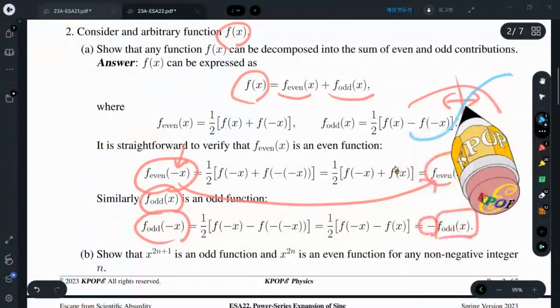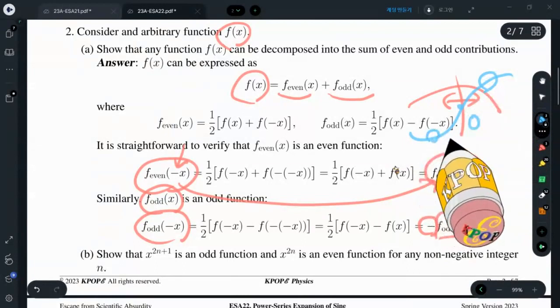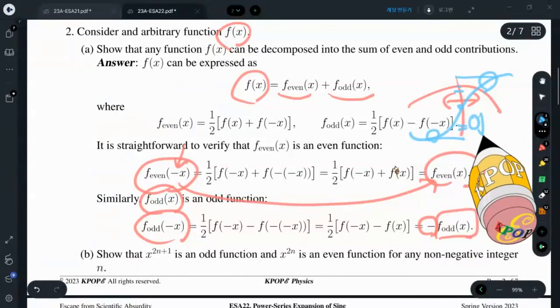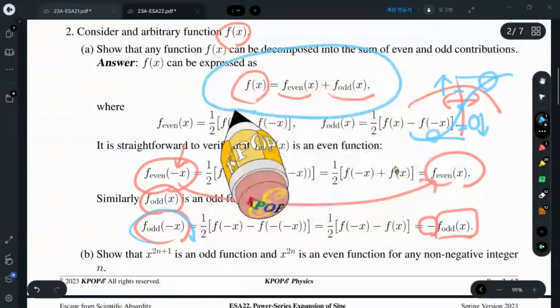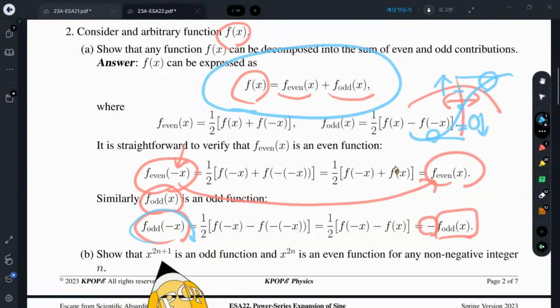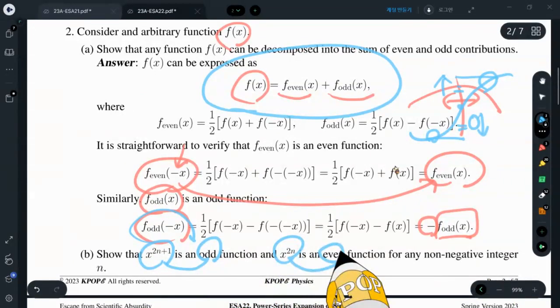So we know there is the origin, just like sine. The magnitude is the same, this height is the same, but in the opposite direction, and that is called odd. Any function consists of an even part and an odd part in general. And you know, if n is an integer, this is odd, this is even.